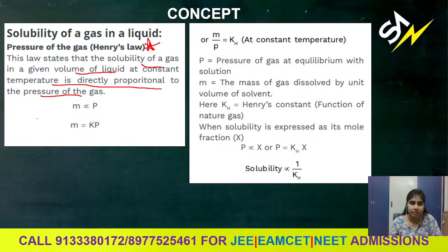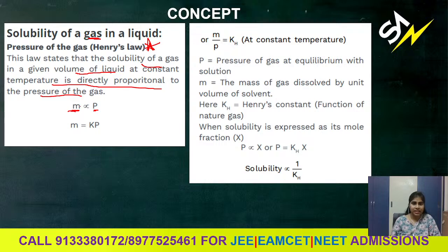See, the amount, that is simply known as M, is directly proportional to P. Here we are taking gas as a solute. Here it is dissolved in a liquid by applying pressure at constant temperature. This M is the mass of the gas and P is the pressure applied.